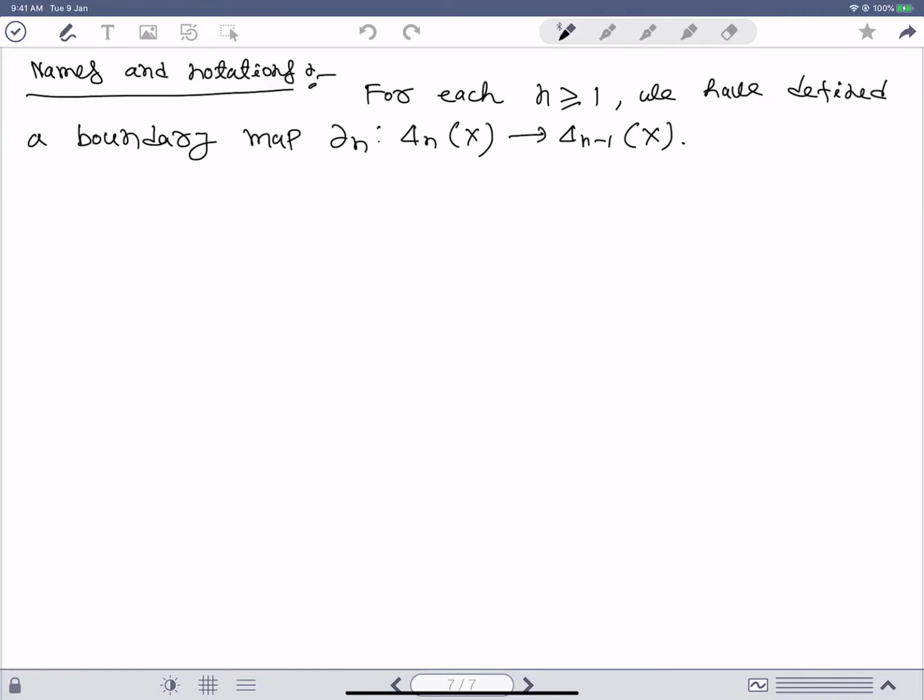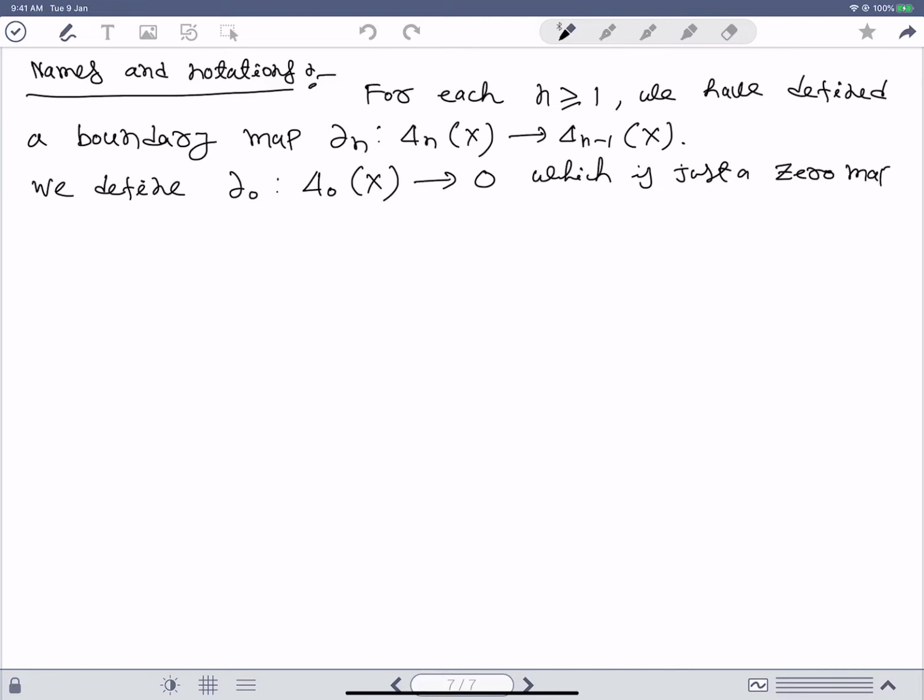That is, it is true for all n bigger than or equal to 1. Now we define del 0 as well from delta 0 x to 0, which is just a 0 map.